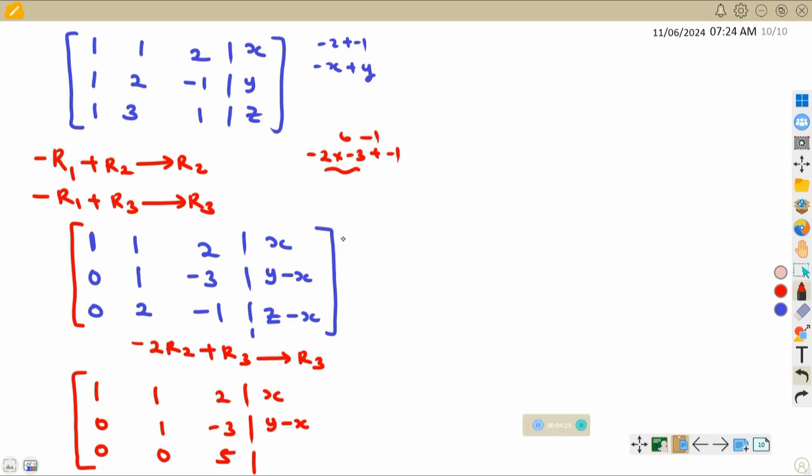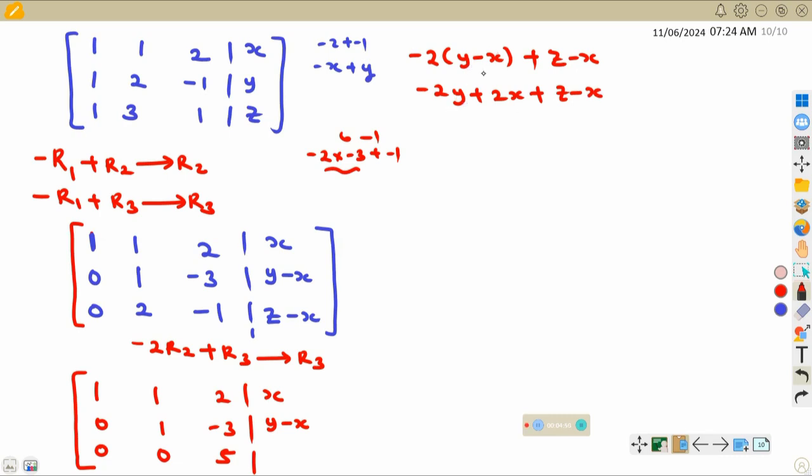Next we shall have negative 2 multiplied in y minus x, but we need to add R3, which is z minus x. So this will give us negative 2y plus 2x plus z minus x.